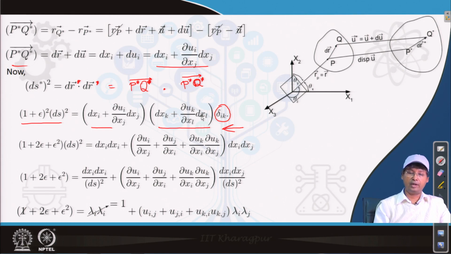That is the reason I have jumped those few steps. If we carry this out, we get these equations: del x dx i multiplied by dx i, or square of it, though we generally do not write it as a square in that sense. The other components become del u i del x j, del u j del x i, del u k del x i, del u k del x j, and these two are repeated.